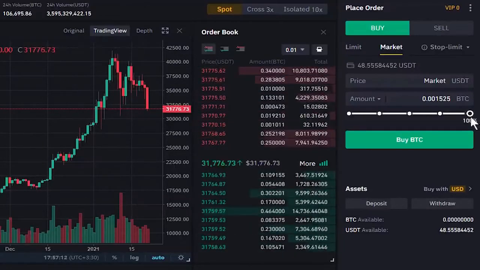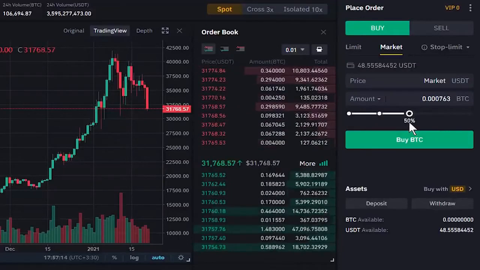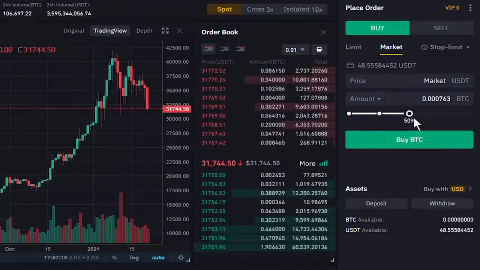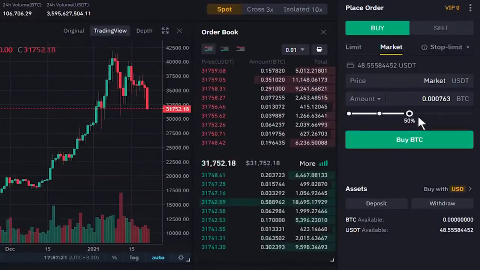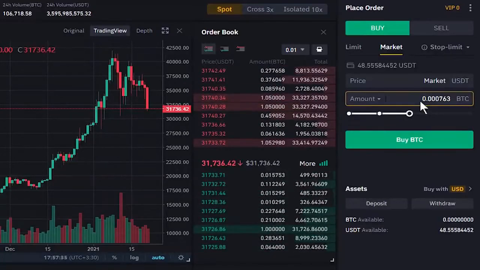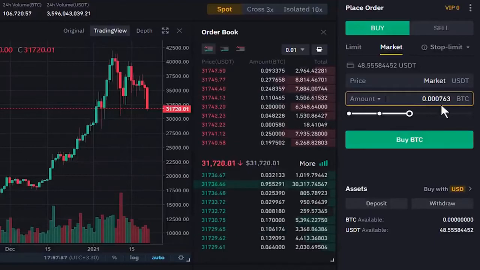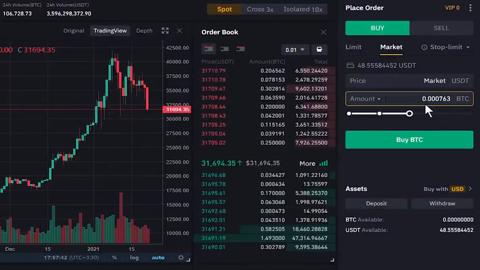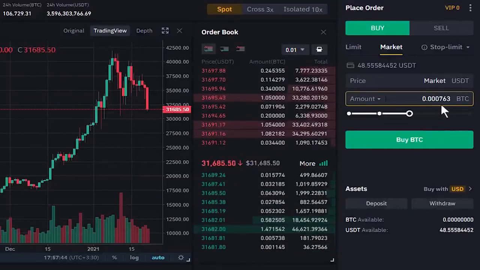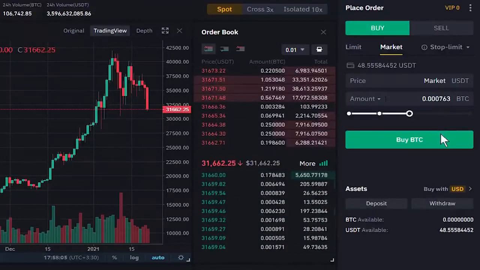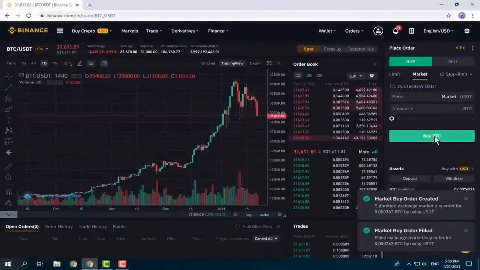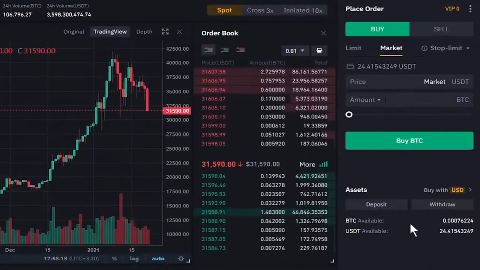Okay, let's for example set it on 50%, and this means that we're gonna buy BTC at the current price of the market with half of our available Tether. And here it shows that with half of our available Tether, we can buy something like 0.0007 Bitcoin. And simply by clicking buy BTC, as you can see, it's done and we have bought Bitcoin.